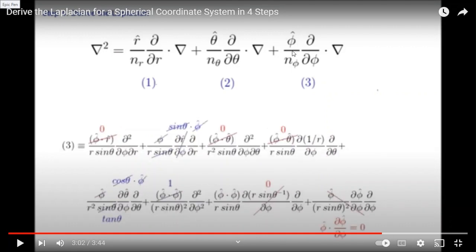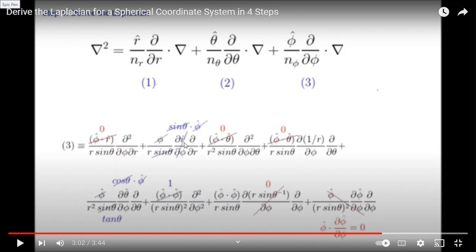This is the phi stuff that's going on here. Okay, it's pretty easy to believe that phi dot r is 0. We proved that before. And let's see what's going on here. Apparently nothing gets canceled out here. So that's going to give us, well, the sine theta cancels out.